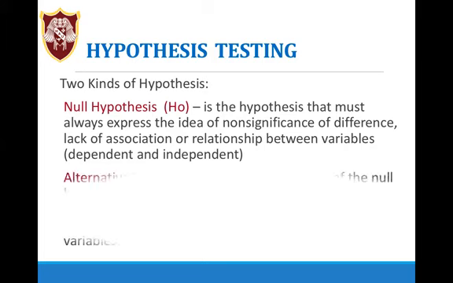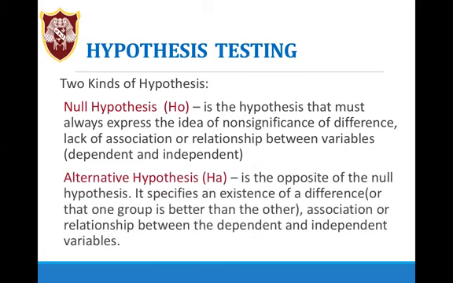And the alternative hypothesis, which is denoted by H sub A, is the opposite of the null hypothesis, for it specifies the existence of a difference, association, or relationship, again, between the dependent and independent variables.